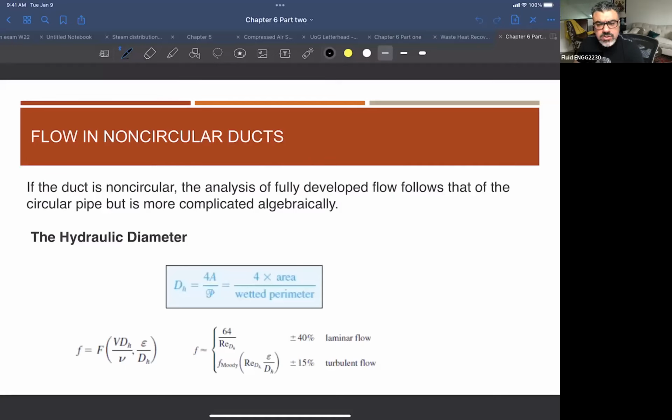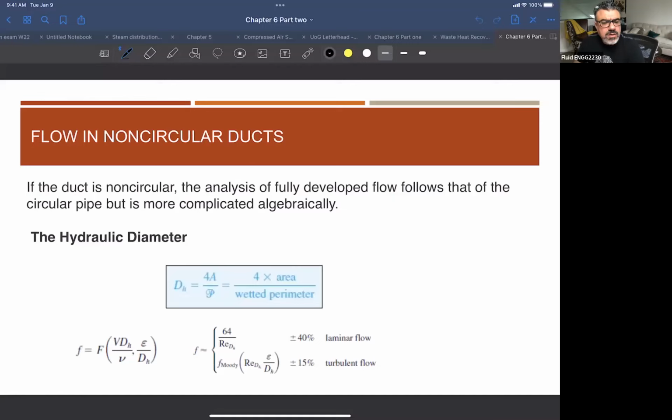Is it an option, choice? What do you think will be the friction losses in circular versus non-circular duct? Non-circular, yes, will consume much more energy, right?